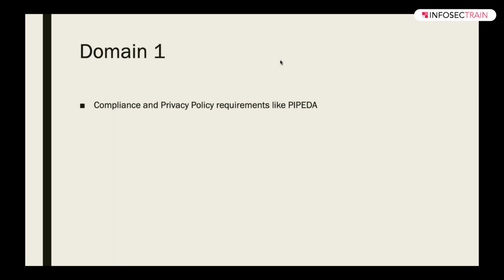There's just one small topic that has been included from a compliance and privacy policy requirements perspective. It has included several laws like PIPEDA from Canada, and a couple more regulations. Otherwise, it doesn't have any inclusion apart from that. Domain 1 is still relevant as it used to be.